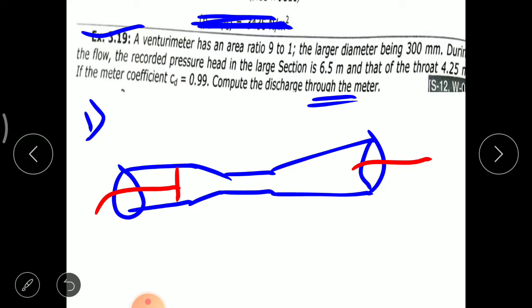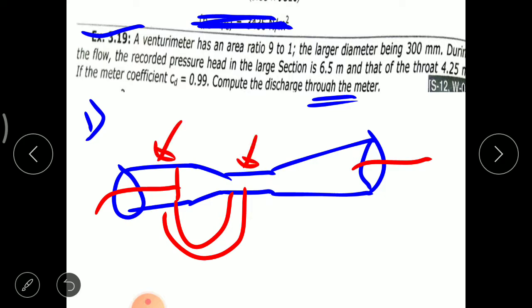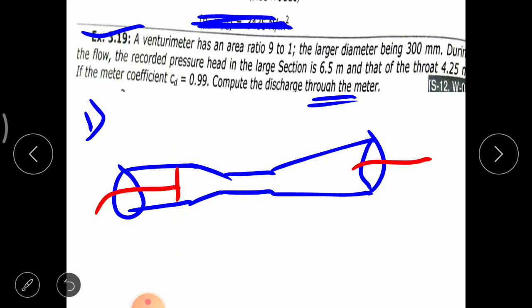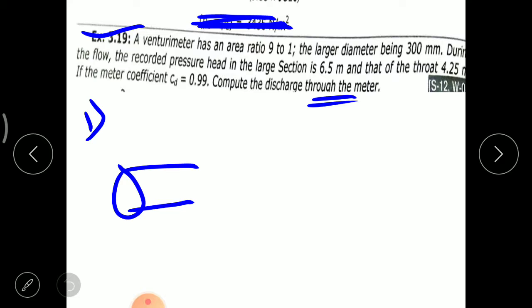The U-tube manometer is connected here, so we take the diameters at this point and at the throat section, and the areas at both points are in 9:1 ratio. The larger diameter is 300 mm.